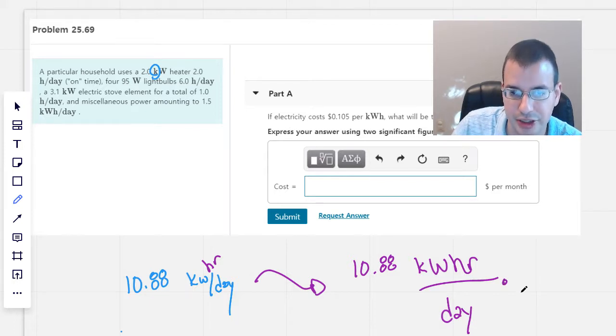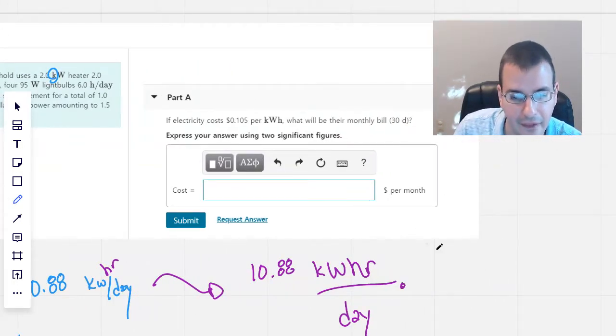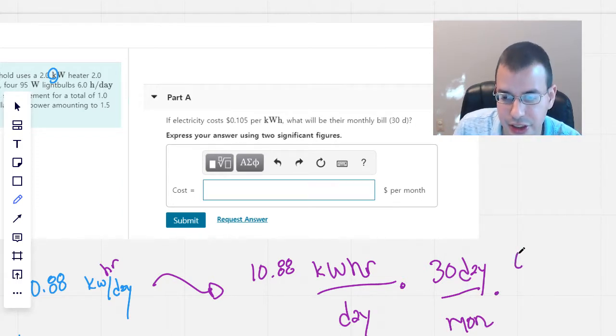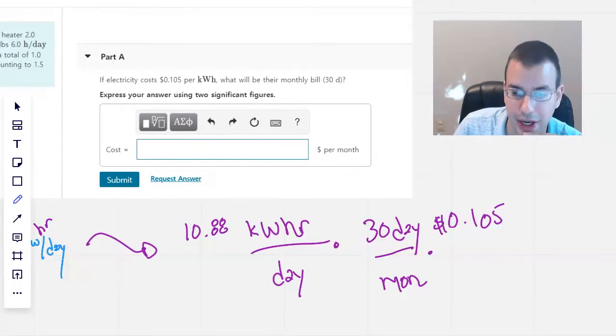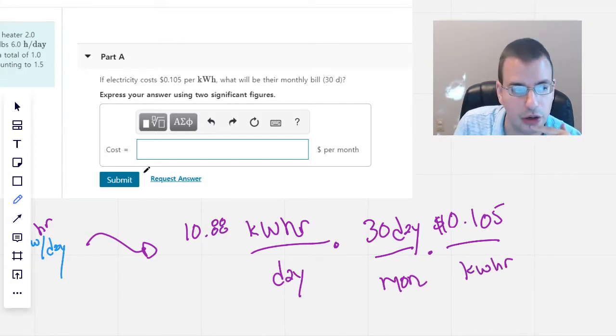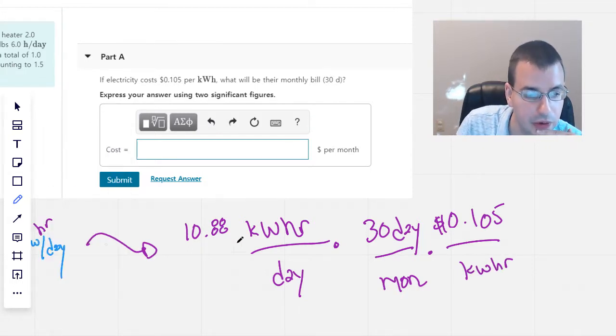We'll multiply this by 30 days per month, times $0.105 per kilowatt hour.